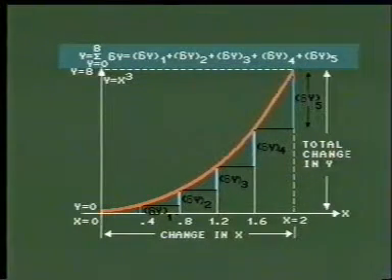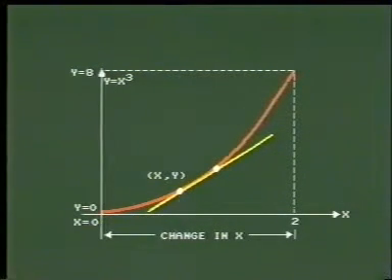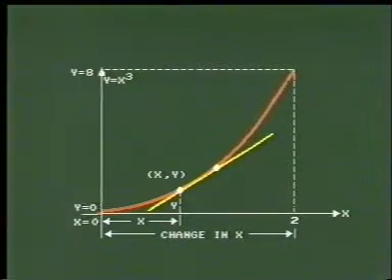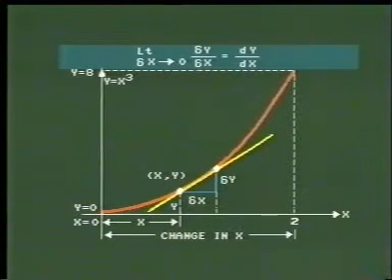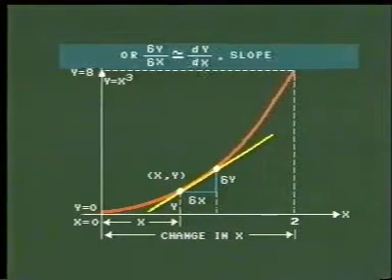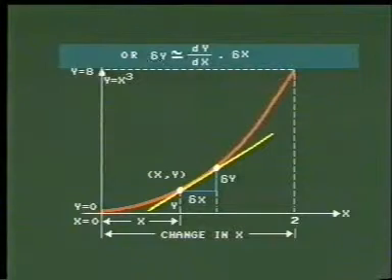According to the definition of differential coefficient, we know that at any point xy, limit of delta y upon delta x as delta x tends to 0 is equal to dy upon dx, or delta y upon delta x is approximately equal to dy upon dx slope, or delta y is approximately equal to dy upon dx into delta x.